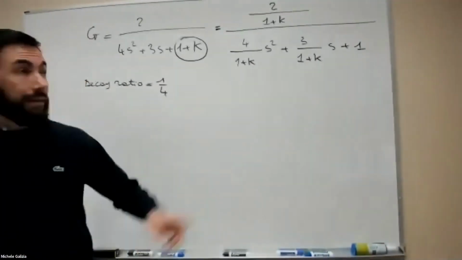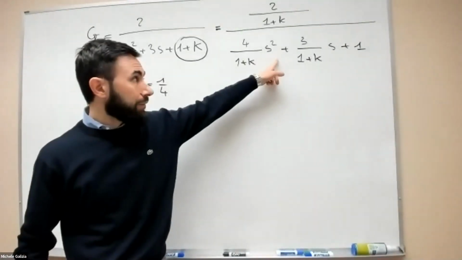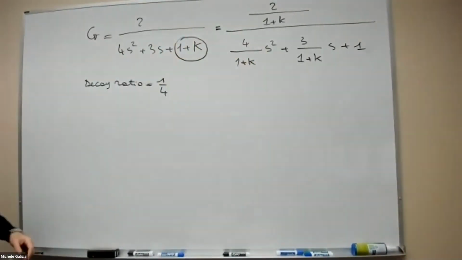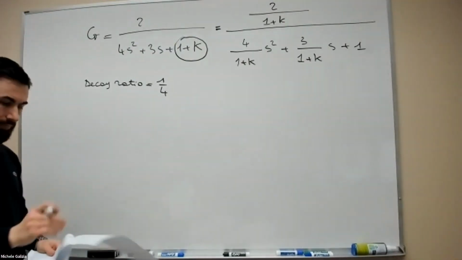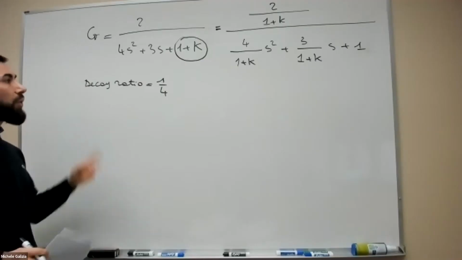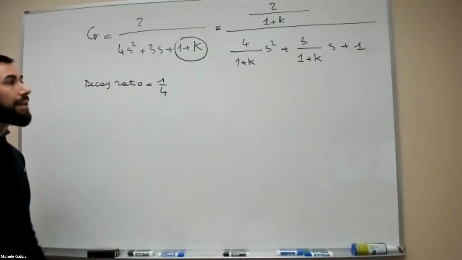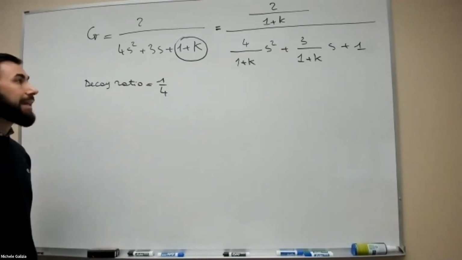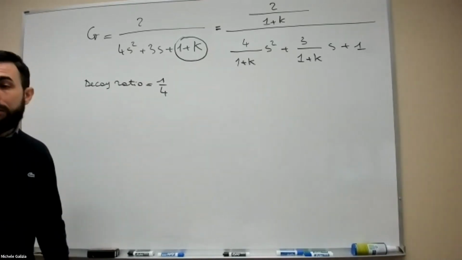That is the starting point. We have to start from here and not from there. Make sense so far? Yes. Okay. So for which value of k is the decay ratio equal to 1/4?